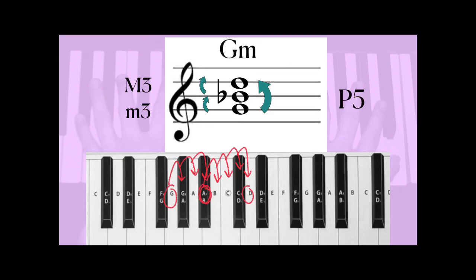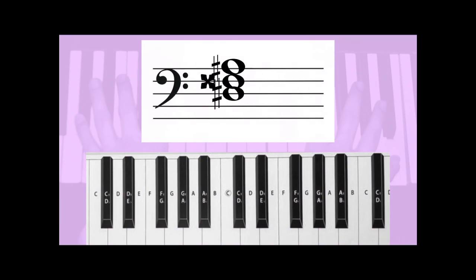Let's do another one. We see that our lowest pitch is a D sharp. To calculate that third, we start on D sharp and count up to the F double sharp. That's 4 half steps, also known as a major third. Now we'll count up to the A sharp.